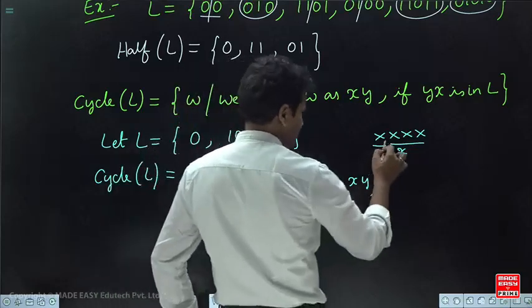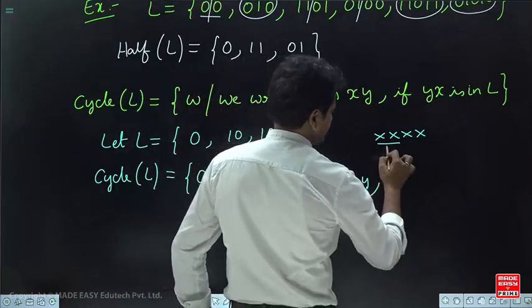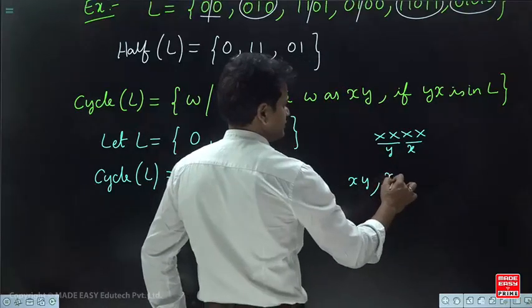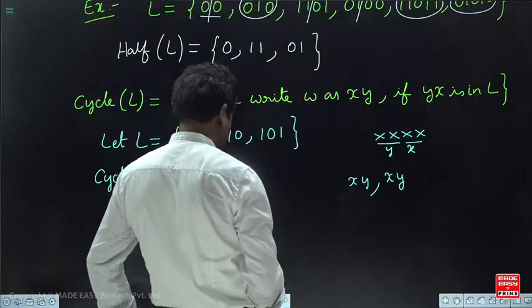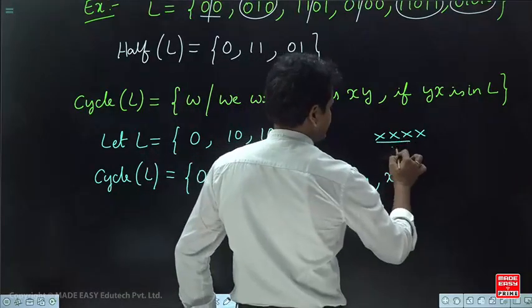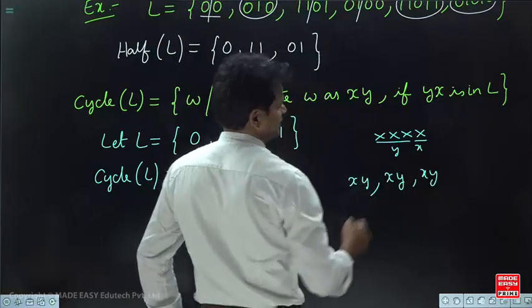And one more thing, we can divide this as this is y and this is also x. Then you take xy in cycle of L. Similarly, you can take y like this. Then you take xy in the language.